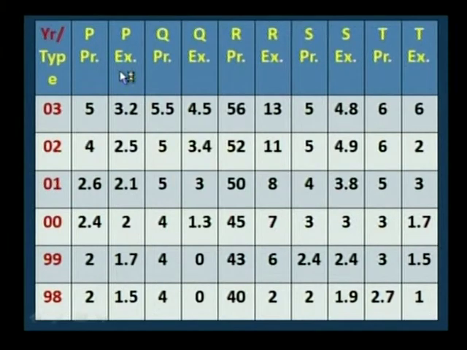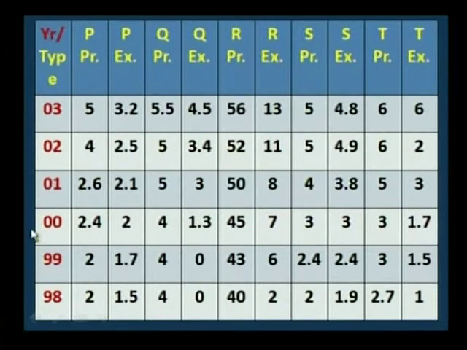So, this is the difference between the previous table and this table. The first two columns are related to type P. So, it is number produced and this is number exported. Similarly, number produced, number exported for type Q, for type R produced, exported, for type S produced, exported, for type T produced, exported.